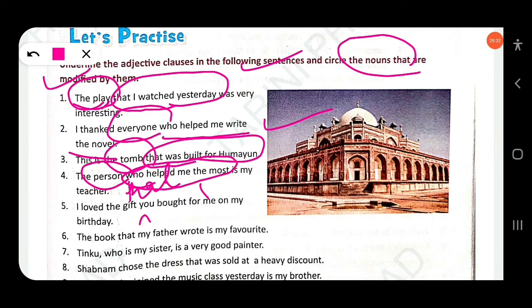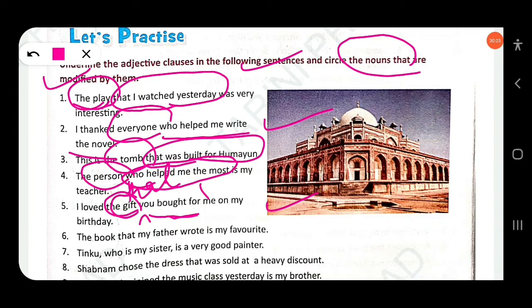That you bought for me on my birthday is the adjective clause, and gift is the noun. So you have to circle the noun and underline the adjective clause.